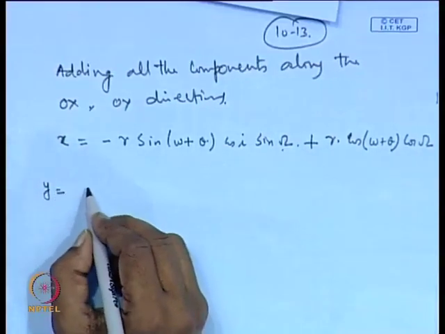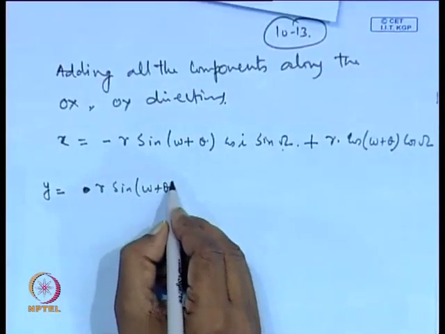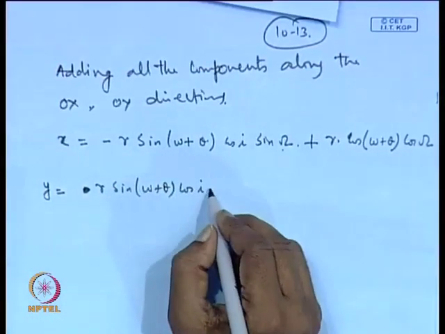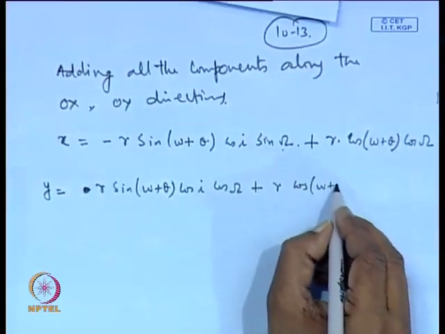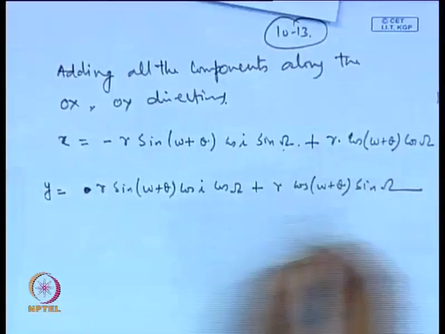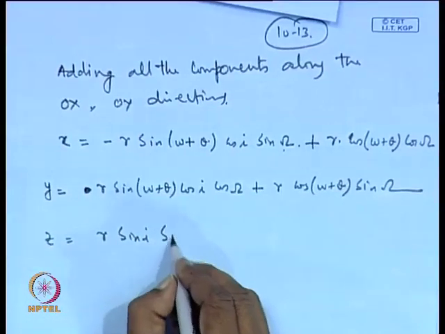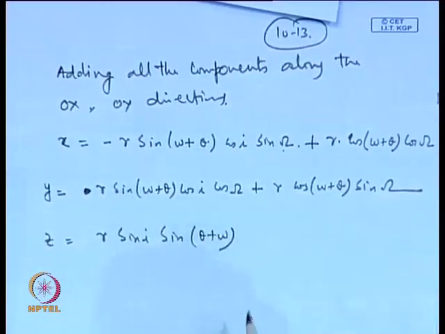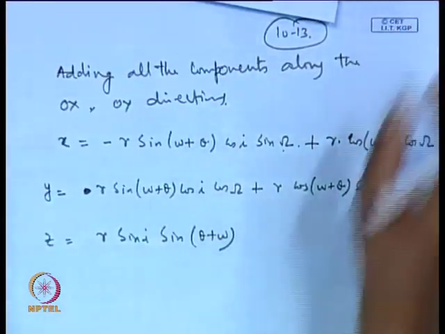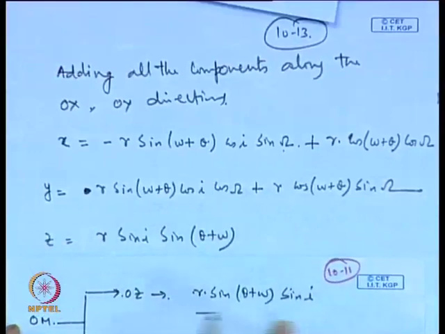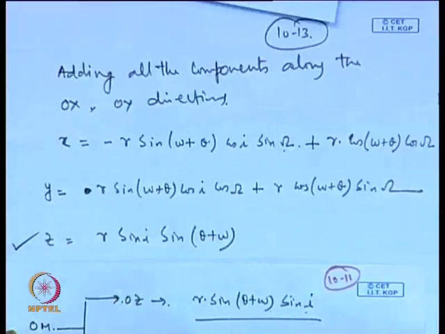Similarly, the y can be written as r sin(omega plus theta) cos I times cos capital omega, r cos(omega plus theta) times sin capital omega, and z can be written as r sin I times sin(theta plus omega). You can verify this. So, O z component, you can see here O z component we wrote like this, r sin(theta plus omega) sin I. So, this is the same thing.